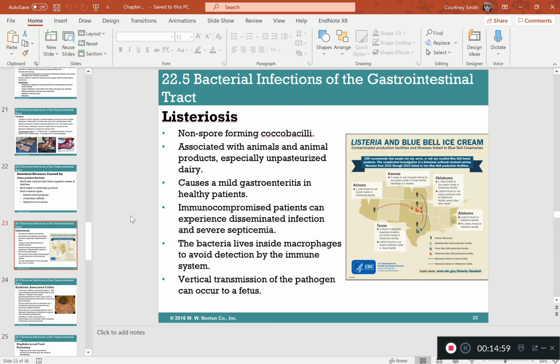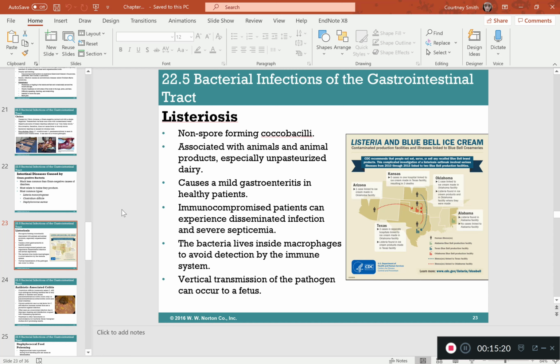So what will happen is that if a healthy patient, so like the general population, does get sick, it'll just cause some gastroenteritis. You normally don't need medication for it, but sometimes you will, especially if you have an immunocompromised patient.